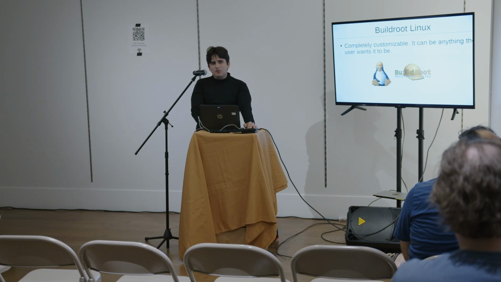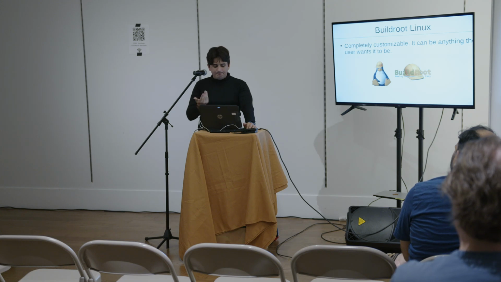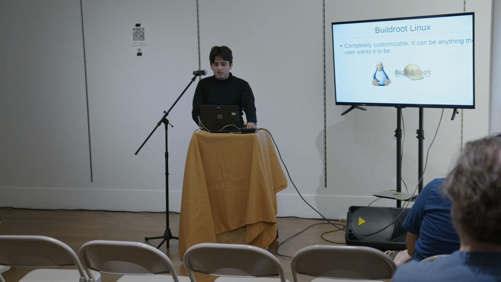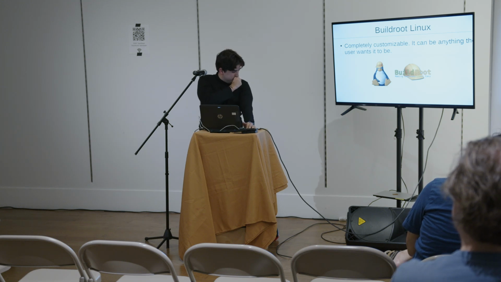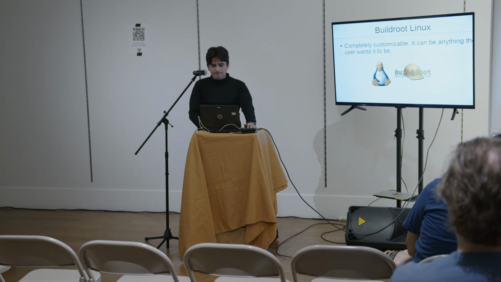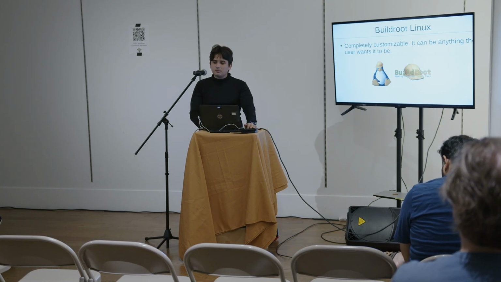For example, if you're going to deploy a headless system without any kind of screen or graphical interface, you can just remove it from the image and optimize the boot time. That's just an example. But you can really do anything with Buildroot. You can build any kind of system you need, and you can optimize for any requirement. So that's why we chose to support Buildroot first and foremost.